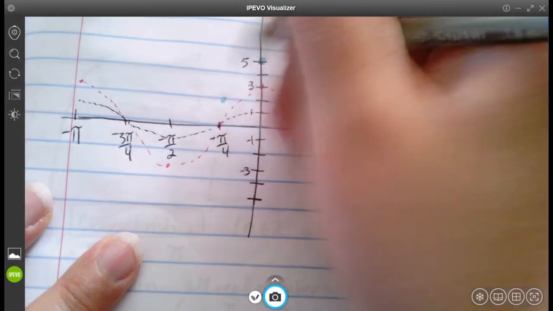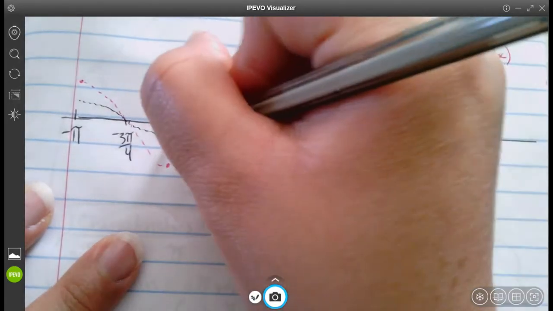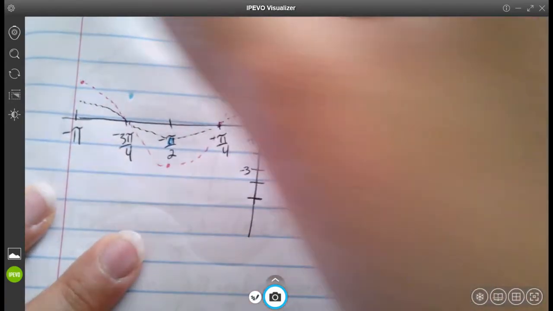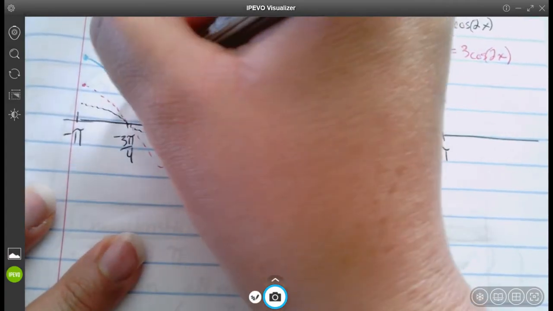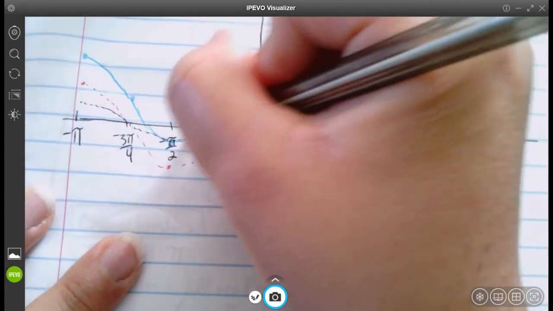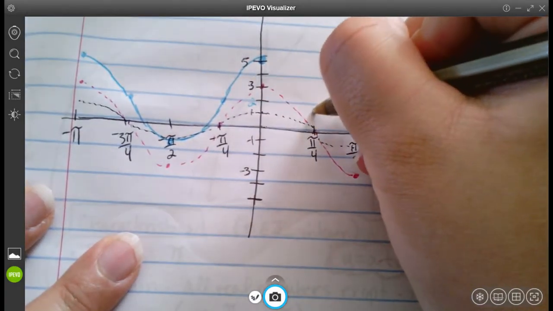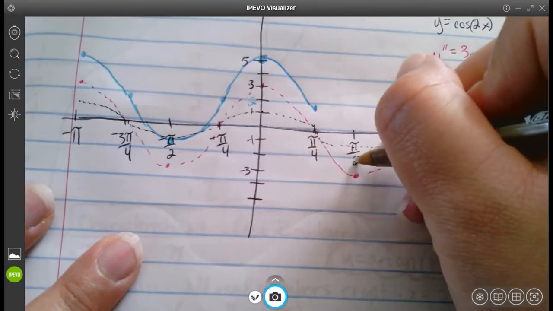So there's my new point at 2. This one's going to move up to negative 1. This one's going to move up to 2. This is up to 5. So I have something kind of like this going on. And yeah, you get the idea. Basically, that's it.